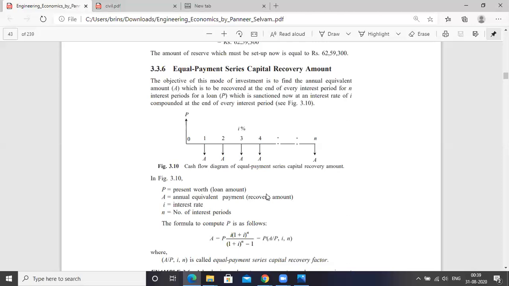At the end of each year, a fixed equal annual amount is withdrawn. So how large should that annual equivalent amount A be so that the account is just depleted at the end of n years?